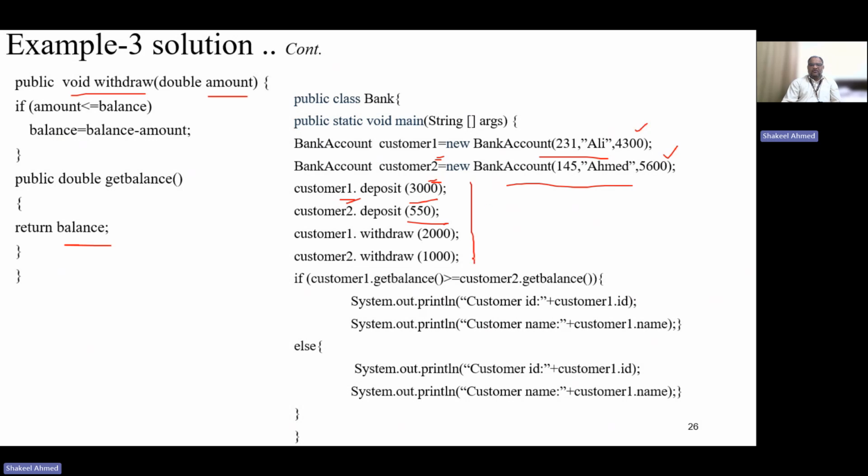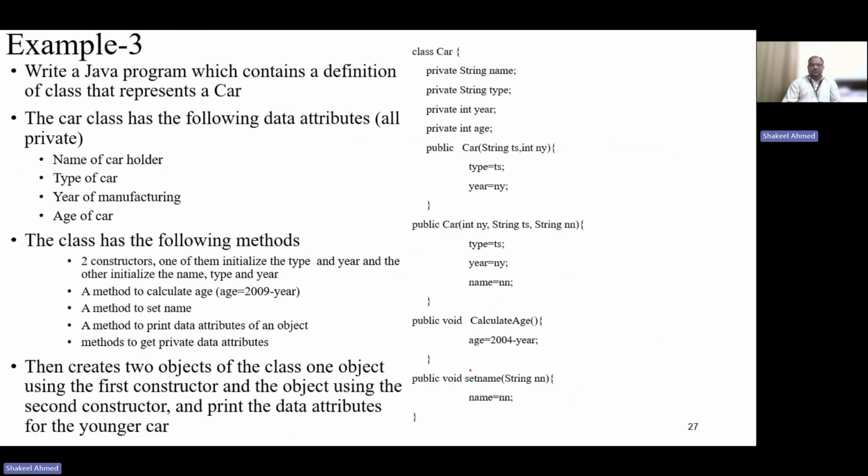Those methods will work one by one. Now, if customer 1 get balance is greater than customer 2 get balance, print the customer ID and customer name, else print the other customer's ID and name, so you can directly get who has the biggest balance. That's how you do that.